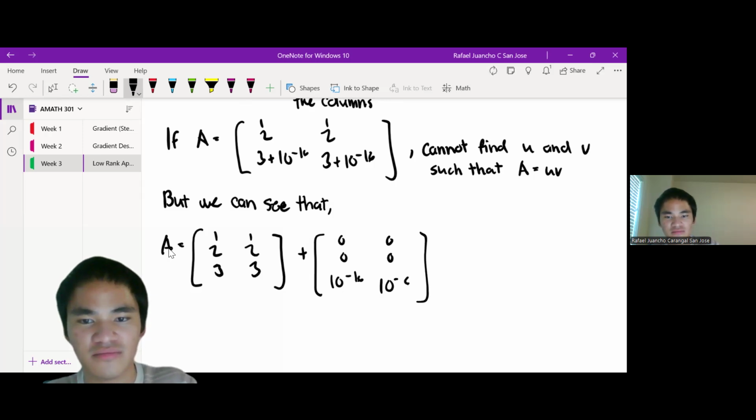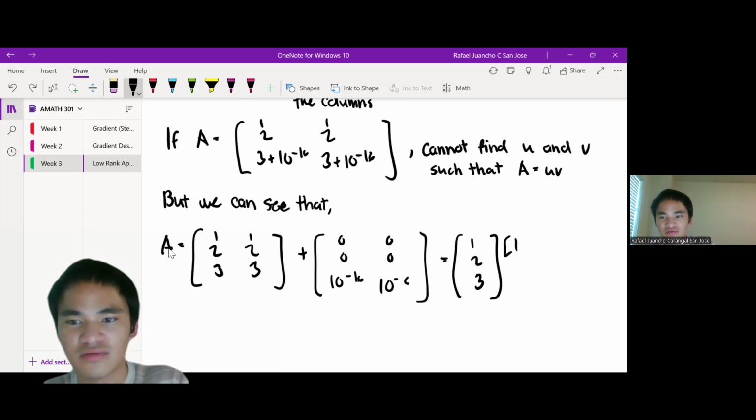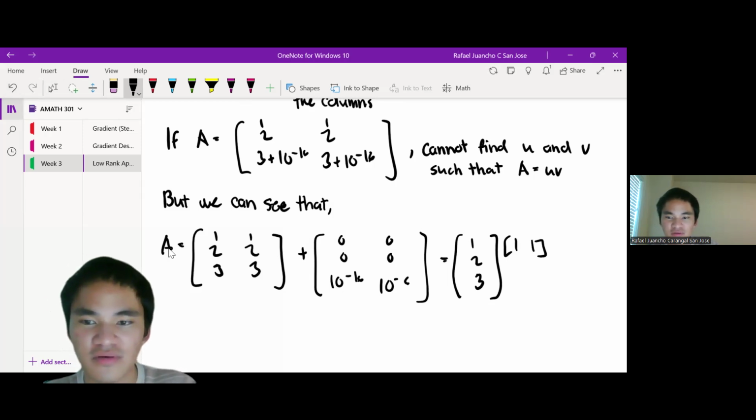I could do that. Then I could even do it this way: a 1, 2, 3 matrix, 1, 1. So we get 1, 1, 2, 2, and 3, 3.